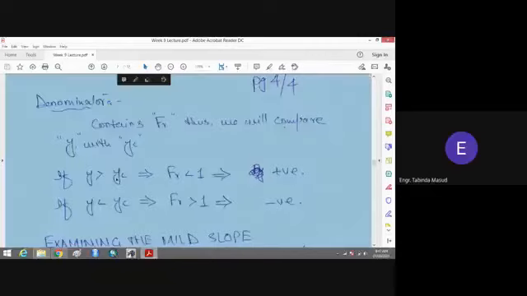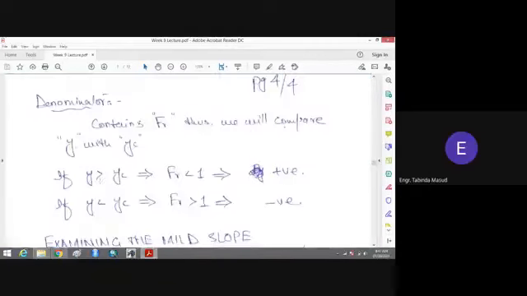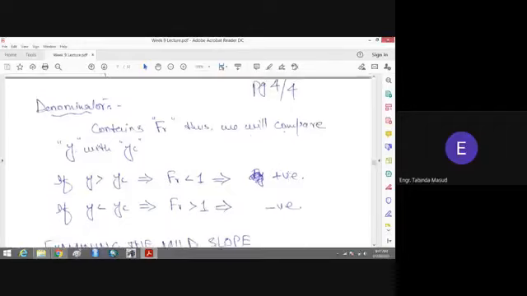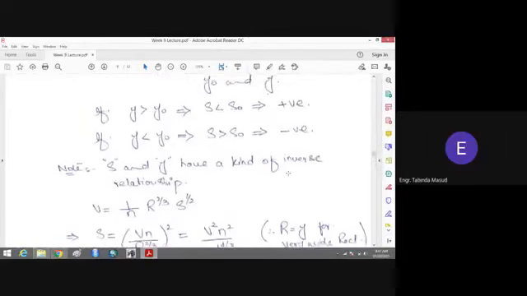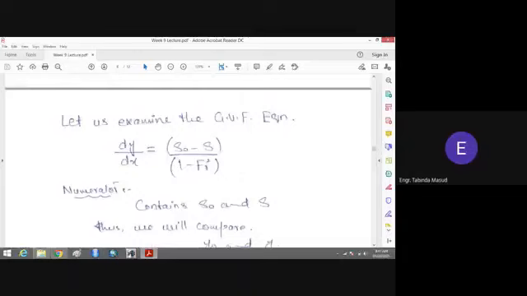So we will say that if y is greater than yc. Now you can see that this is the situation for the subcritical flow. If y is greater than yc, then Froude number will be less than 1, and 1 minus that number, you will get a positive value.